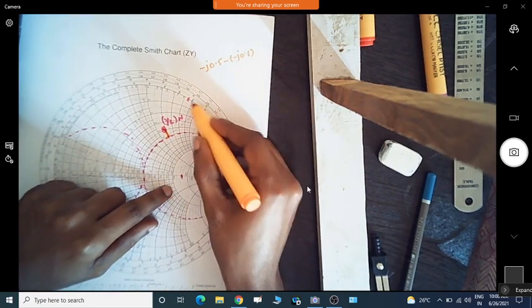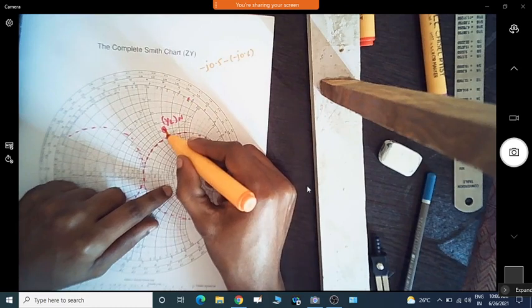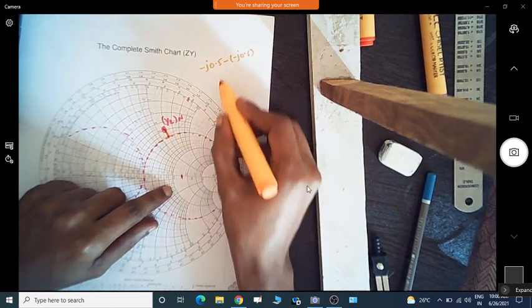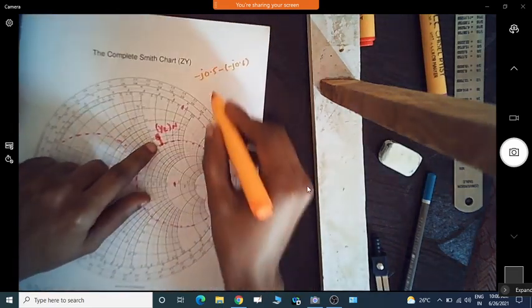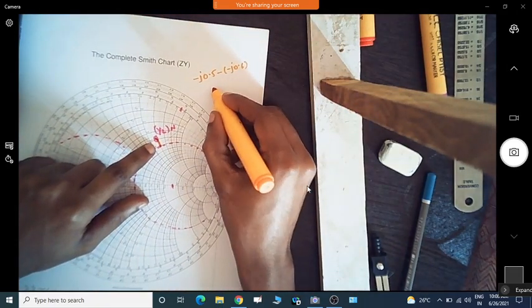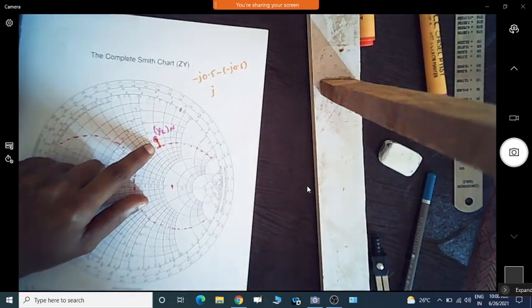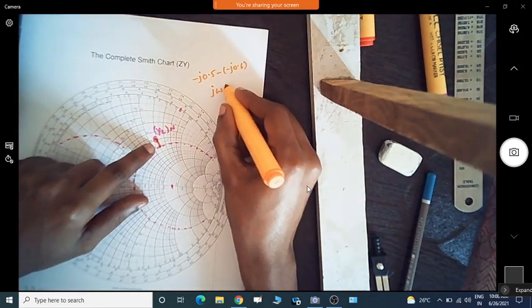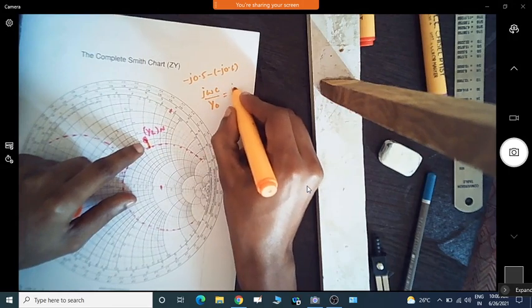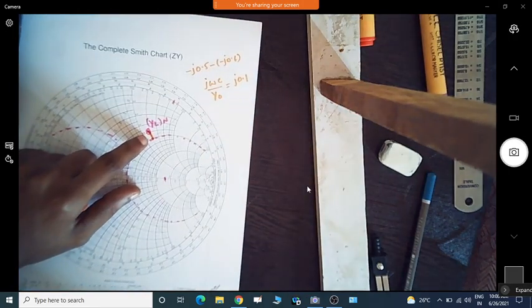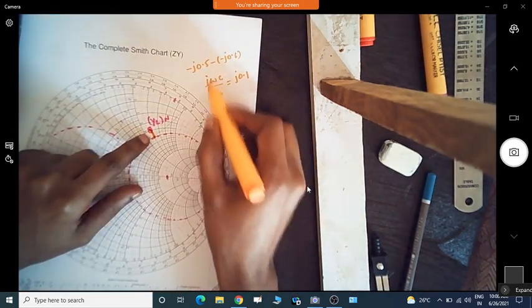So we subtract the value from this point to this point: minus j0.5 minus of minus j0.6. This is the susceptance offered by the capacitor. So j omega C divided by Y0 is equal to j0.1. This is a shunt capacitor.